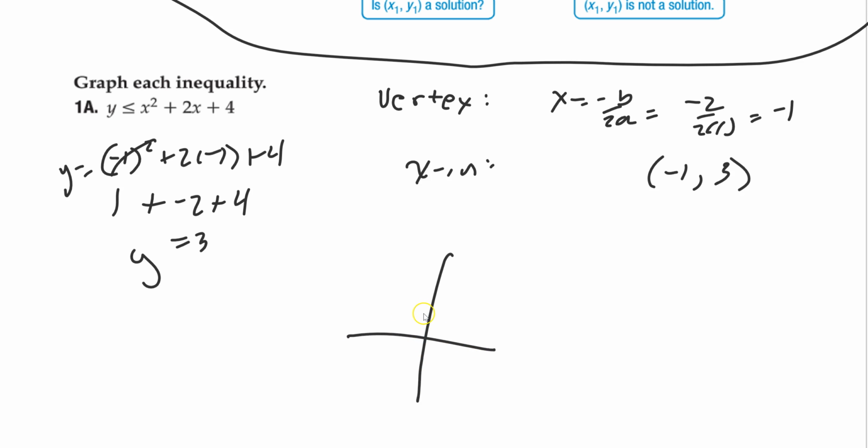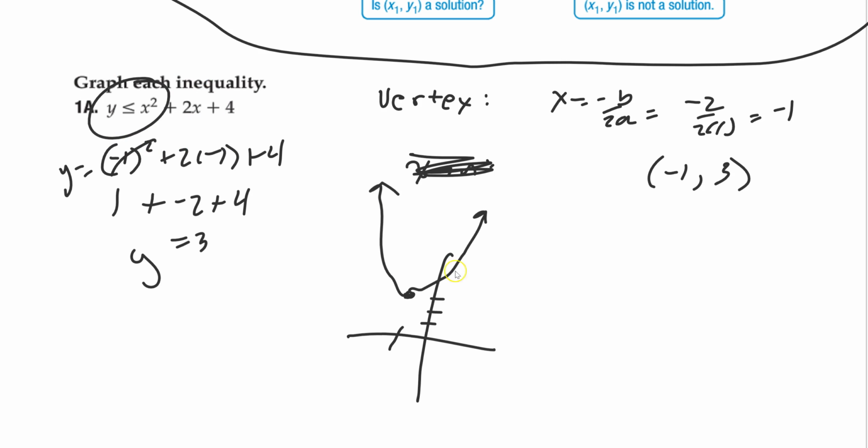So if I'm going to graph this, I get negative 1 and 3. It's a positive x squared, so it opens up like that. Now I've got to shade less than.